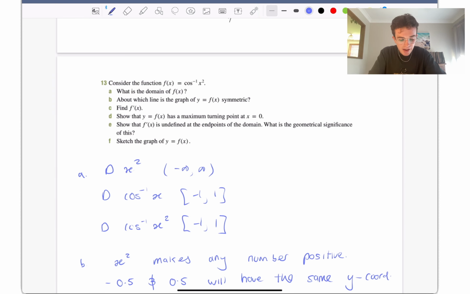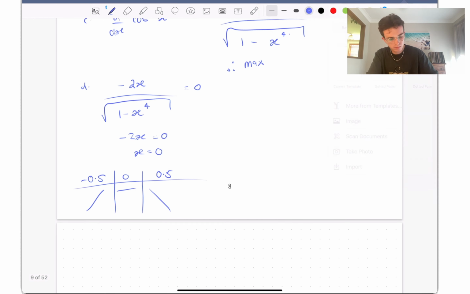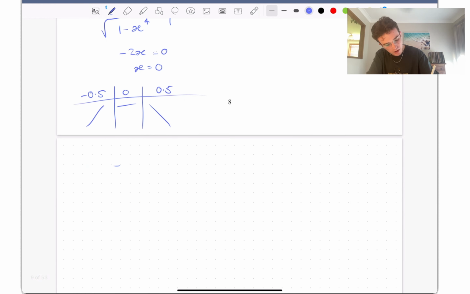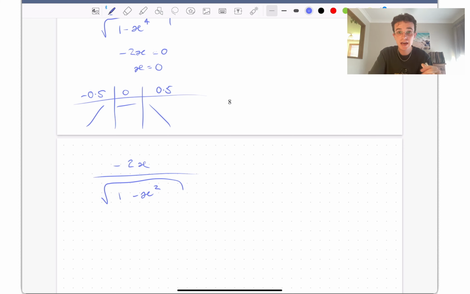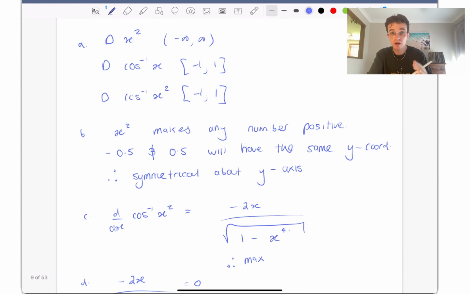Show that f of x is undefined at the endpoints of the domain, and what is the geometrical significance of this? So we look at our differentiation, we get minus 2x on the square root of 1 minus x squared. If we substitute in the endpoints of our domain, so we've decided that the domain is from minus 1 to 1.